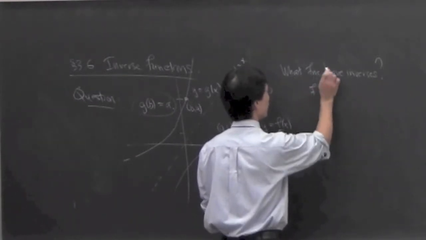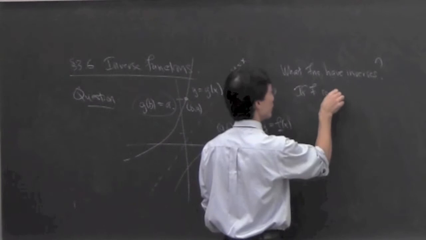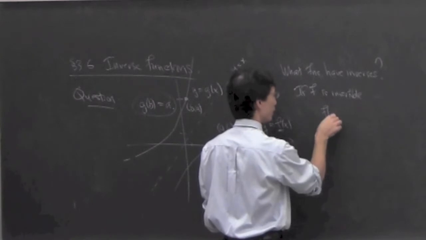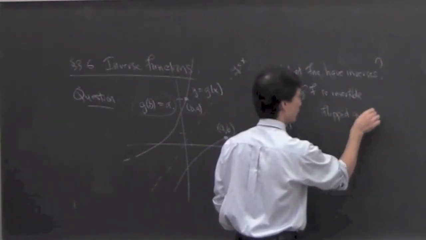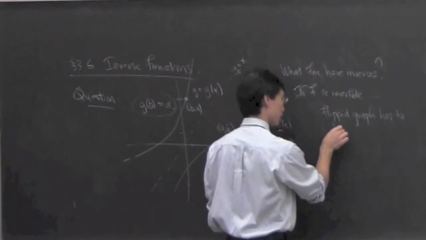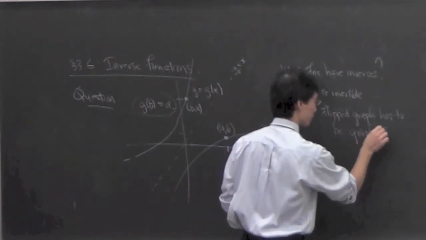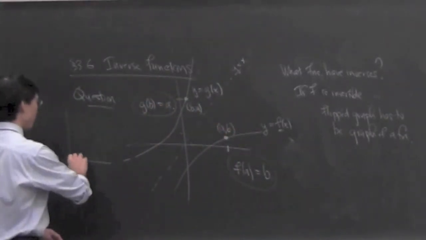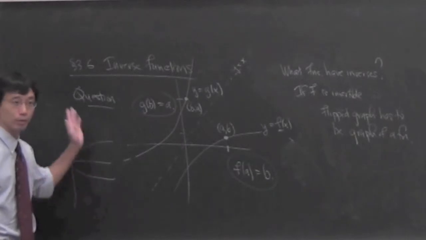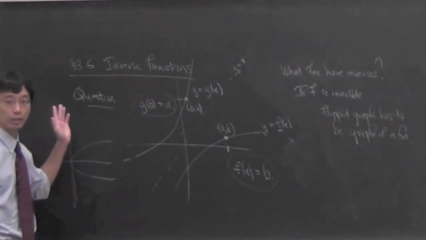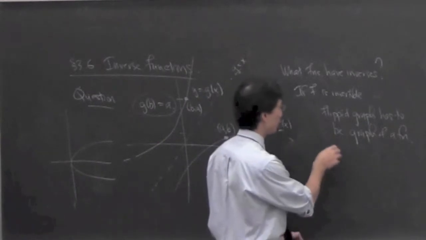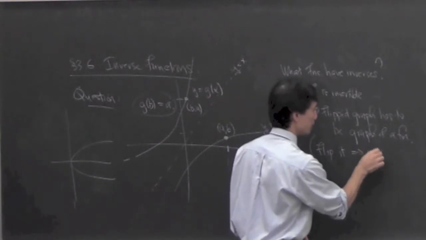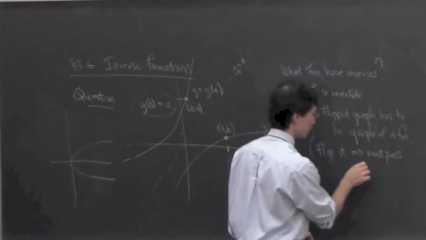If f is invertible, then the flipped graph has to be the graph of a function. When you flip it, it has to pass the vertical line test. In other words, the flipped graph must pass the vertical line test.